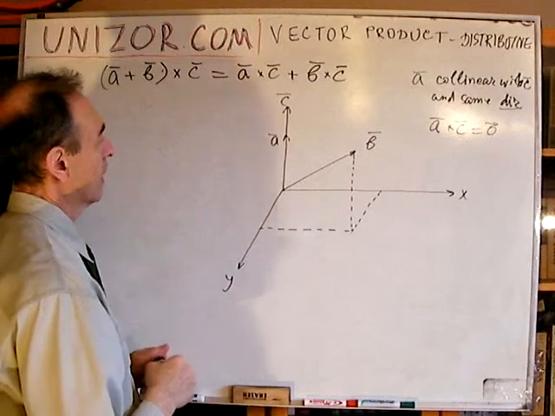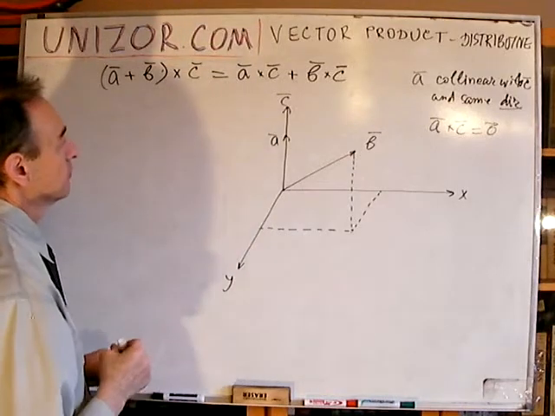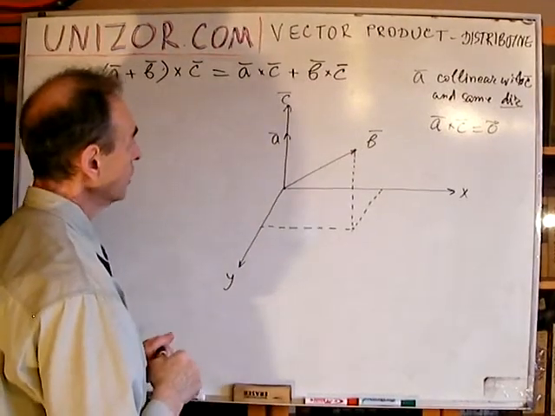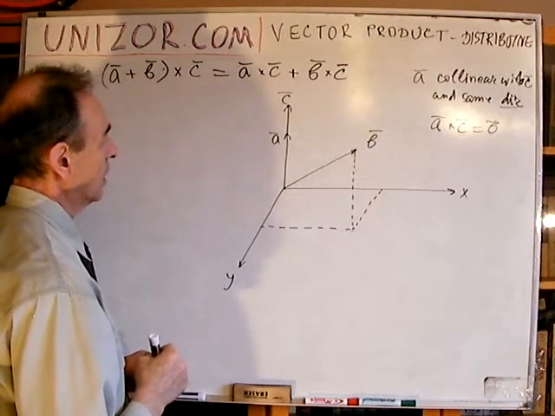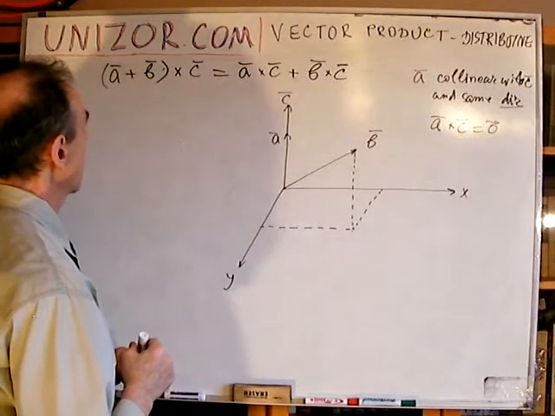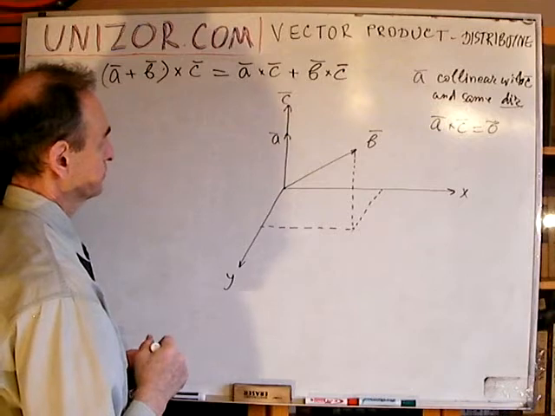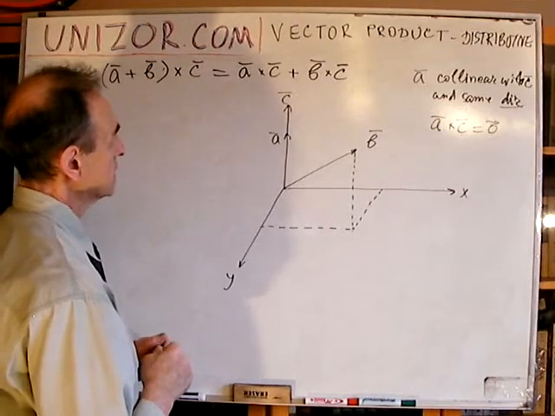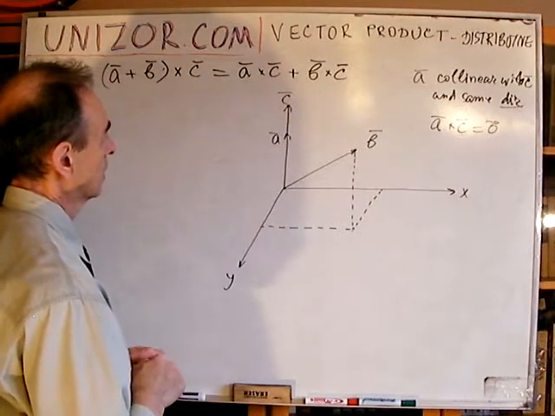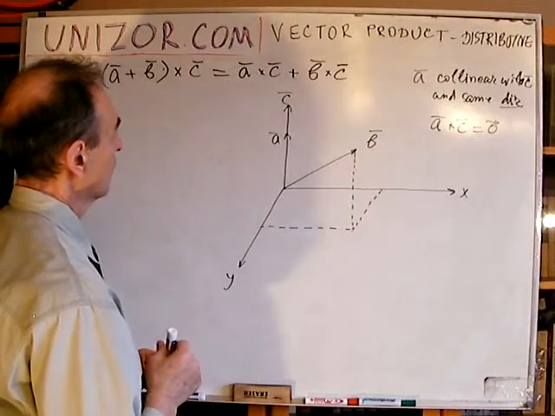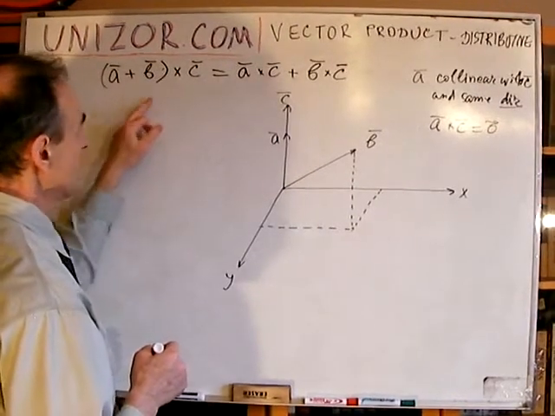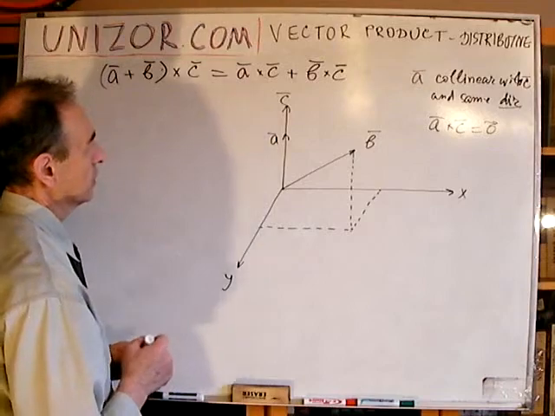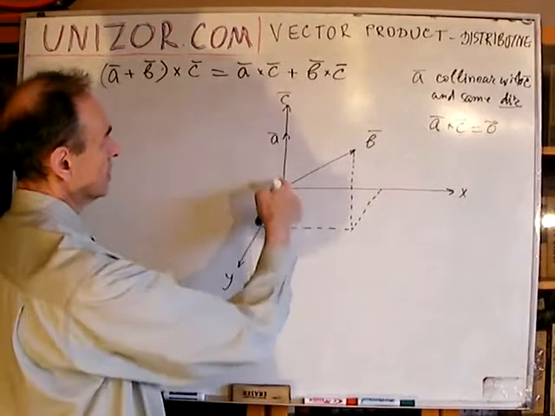Okay. So what follows from here is that let's consider now what would be A plus B. Now, A and C coincide, right?